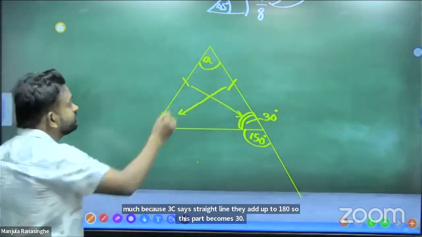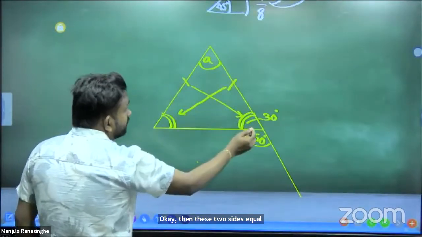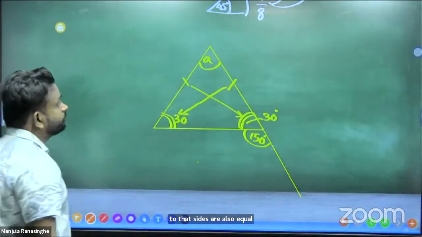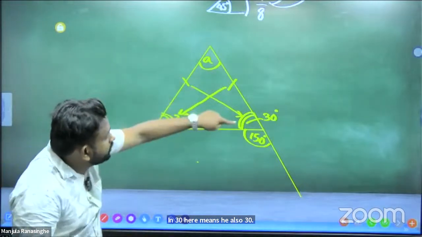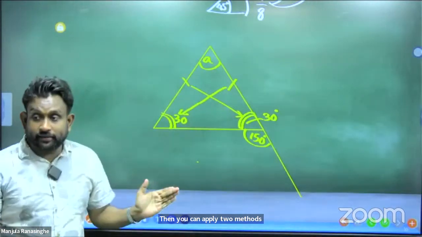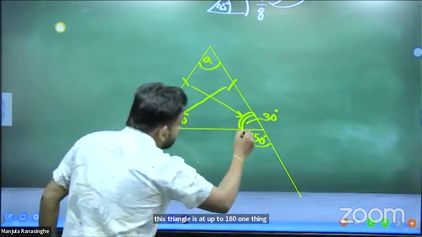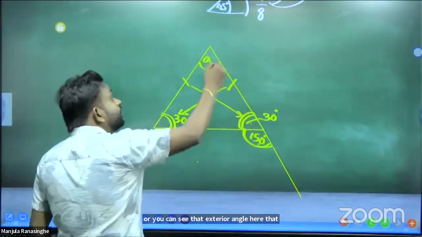Then these 2 sides are equal, which means the opposite angles to those sides are also equal. 30 here means here also 30. Then you can apply 2 methods: the interior angles of this triangle add up to 180, or you can see that the exterior angle here, that is exterior 150, is equal to the sum of the interior opposite angles.